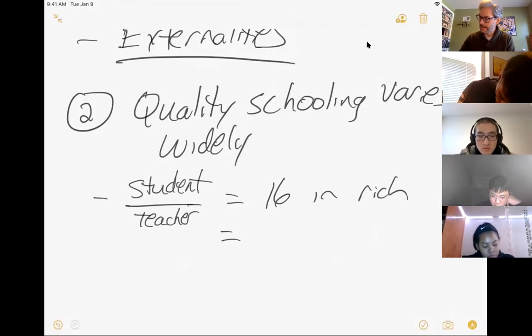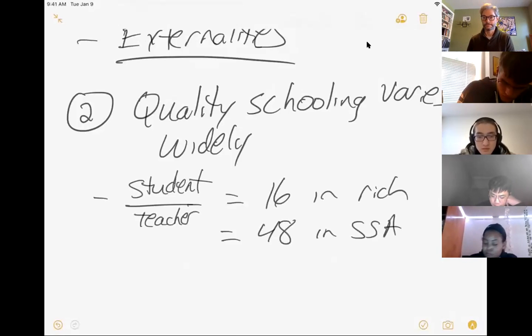What about in sub-Saharan Africa? 48. Three times as many kids in any school. Obviously, that's going to have a pretty important impact on the quality of education.